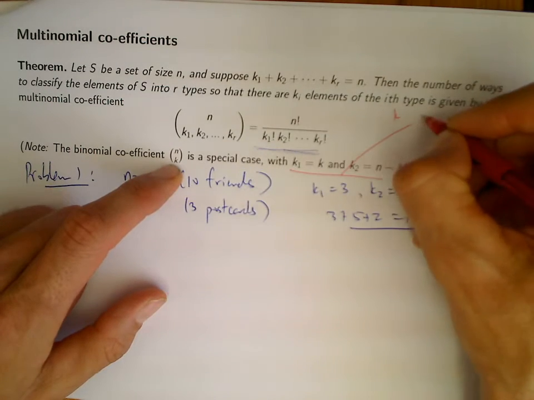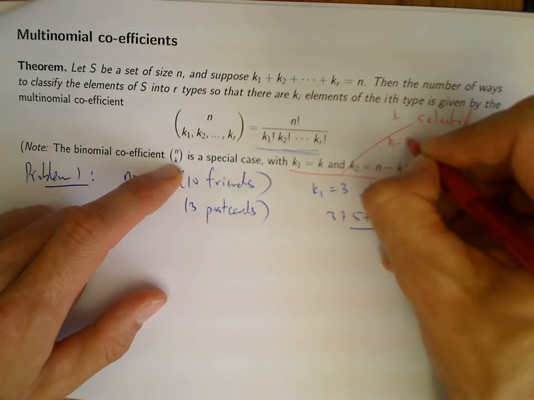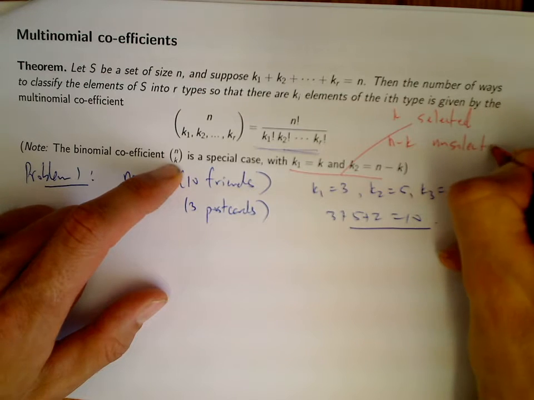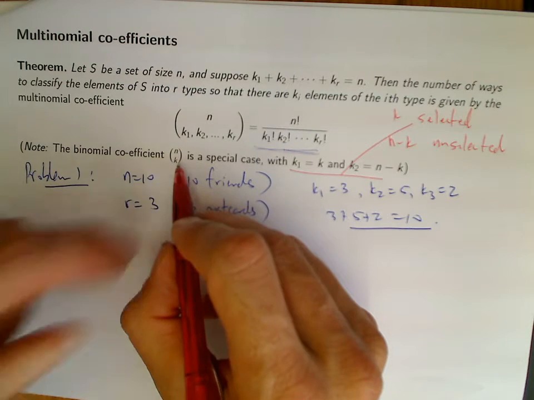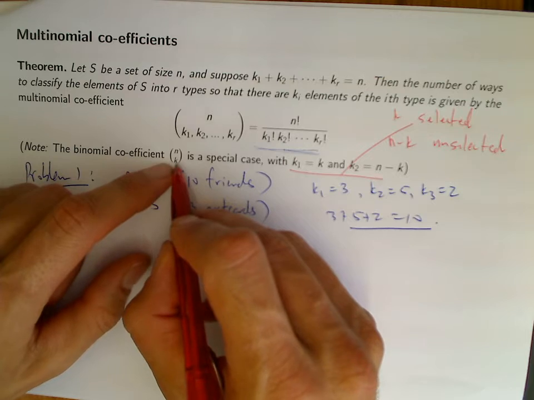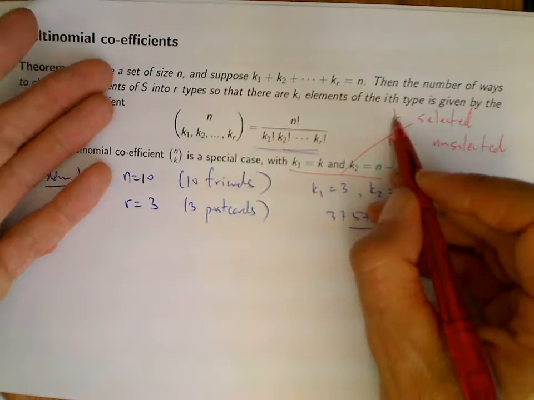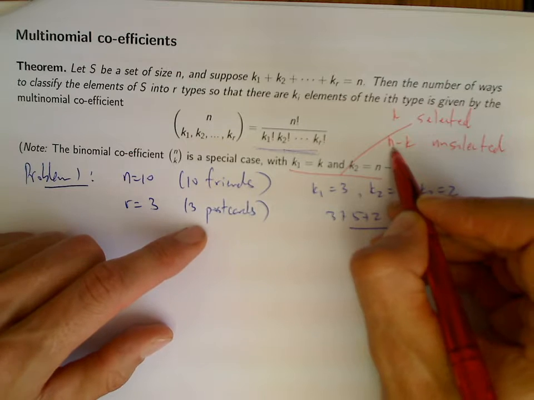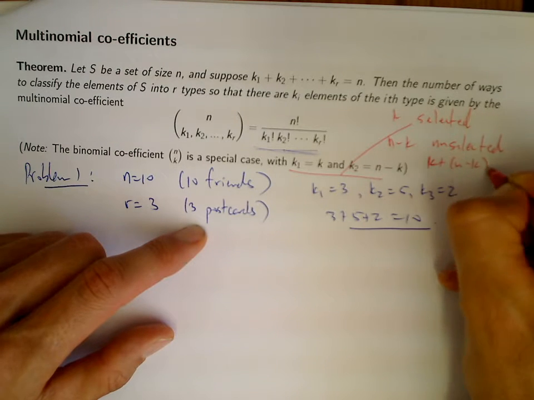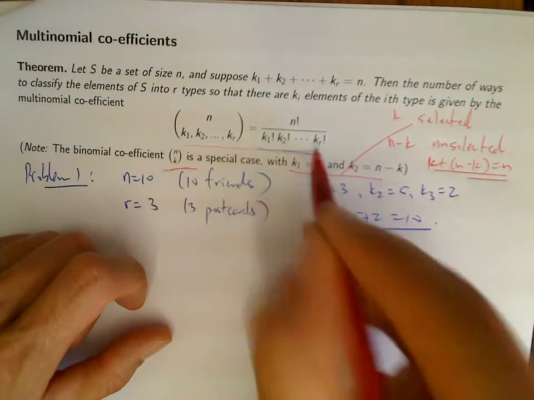So k are selected, and the other n minus k are classified as unselected. So this binomial coefficient is classifying n things into 2 types, selected and unselected, and there's going to be k of the first type and n minus k of the second, and again k plus n minus k adds up to n, right? So the binomial coefficient is just a special case of this theorem.